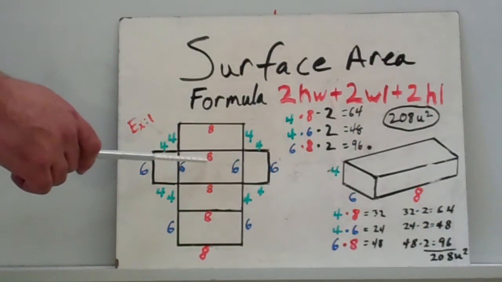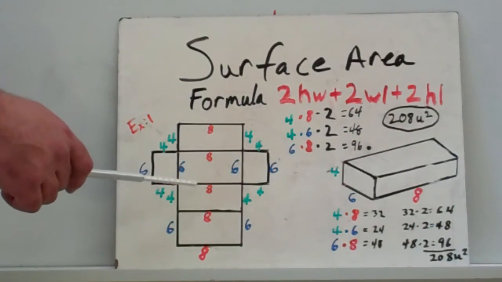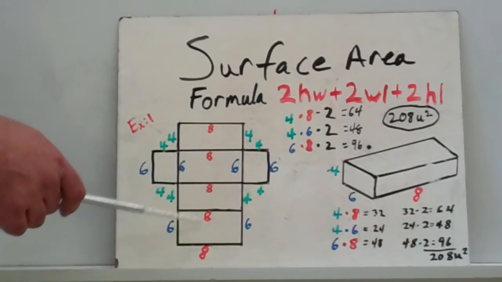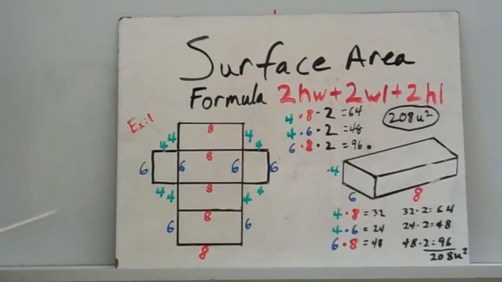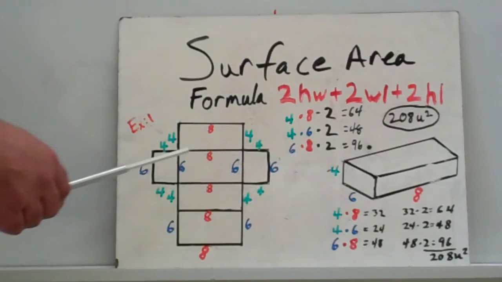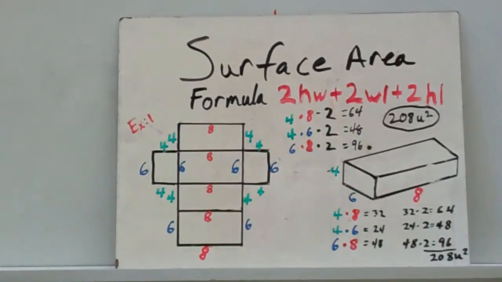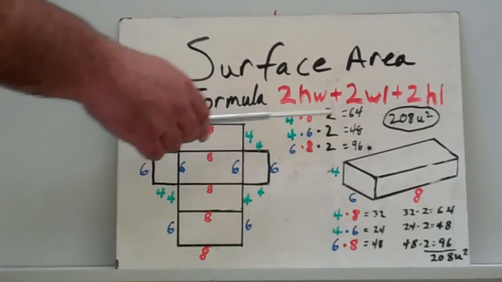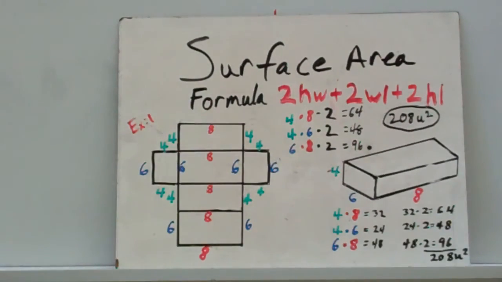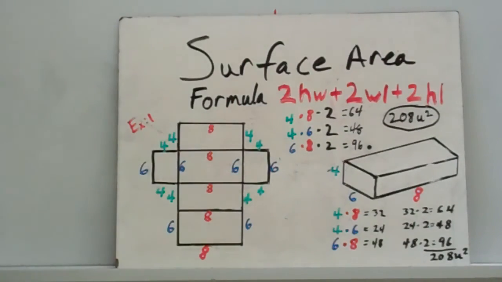And then I have 8 times 6, and there are 2 of these, so 8 times 6 times 2 is 96. And then I have the 2 side flaps that kind of close up the three-dimensional shape, 6 times 4 times 2, which is 48. And I can add those together, 64, 48, 96, and get 208 units squared.